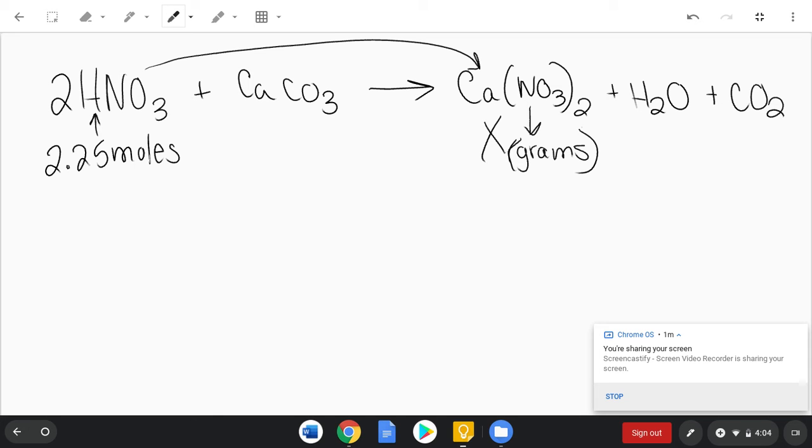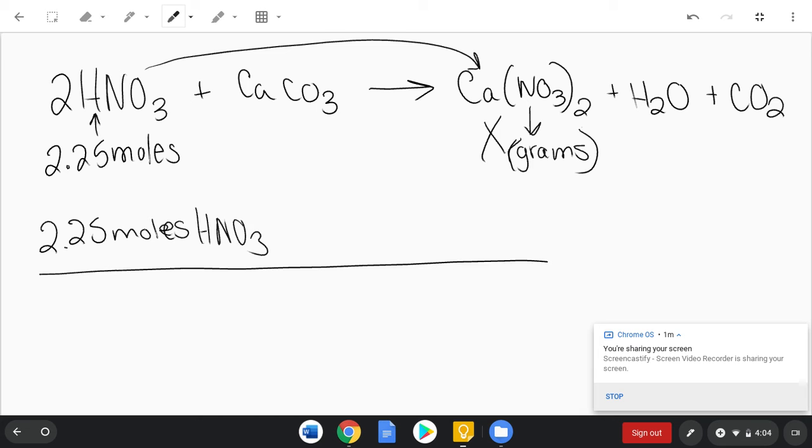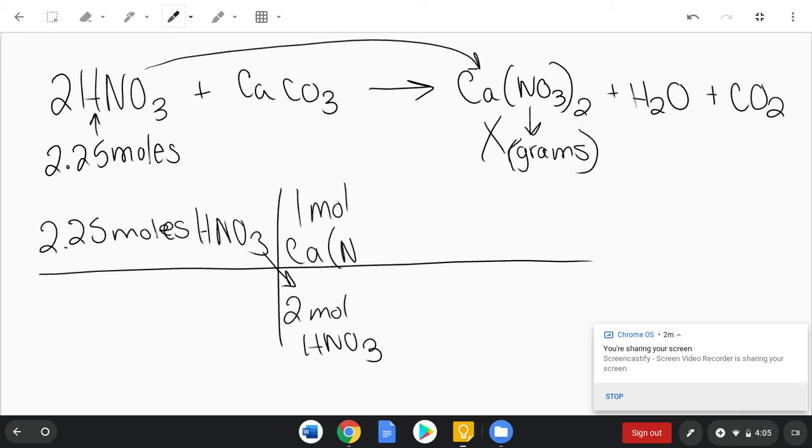So I'm going to start by saying, okay, if I have 2.25 moles of HNO3, to go from moles of one substance to moles of another, I'm going to use the mole ratio. So this tells me that there's 2 moles of HNO3 for every 1 mole of CaNO3. My moles cancel.